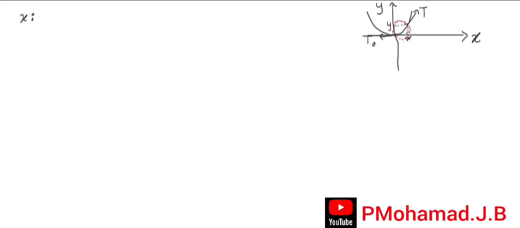T0 depends on the linear density of the rope, and is actually one of the parameters. T cosine of theta, this is the theta angle, as you guess. T cosine of theta is equal to T0, right?